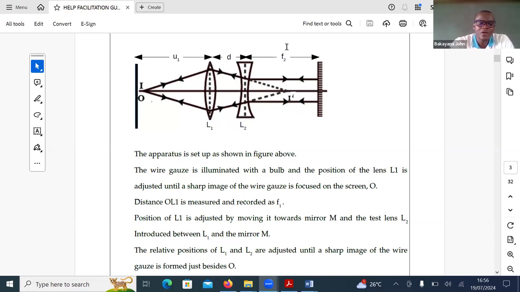And we said, for as long as the image coincides with the object, then it means the rays from the concave lens meet the mirror at 90 degrees. So we can see that on the diagram. So after that, what next? Yes? Yes, I'm seeing a hand. Yes, please.